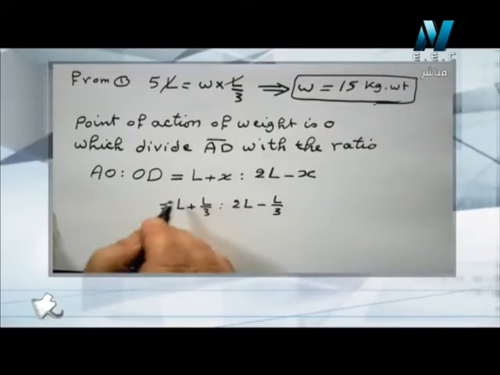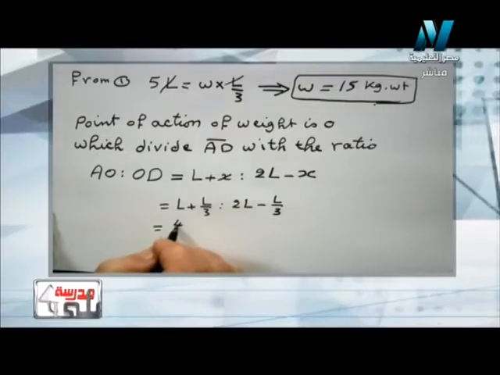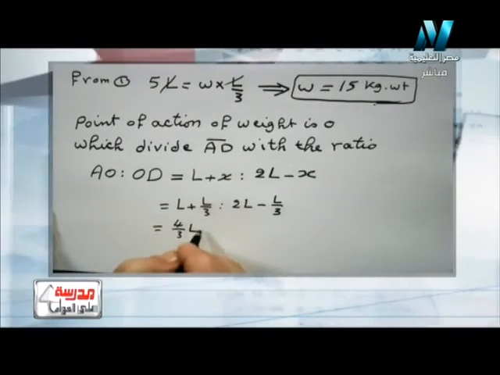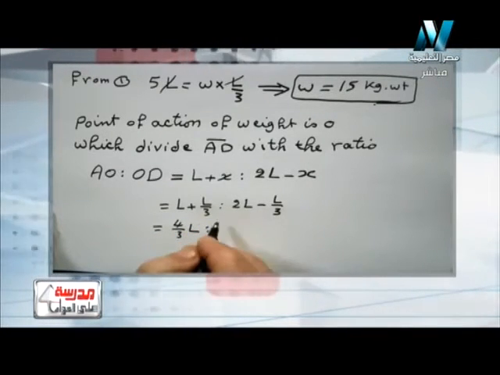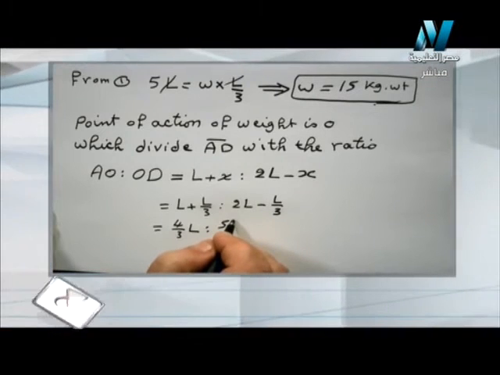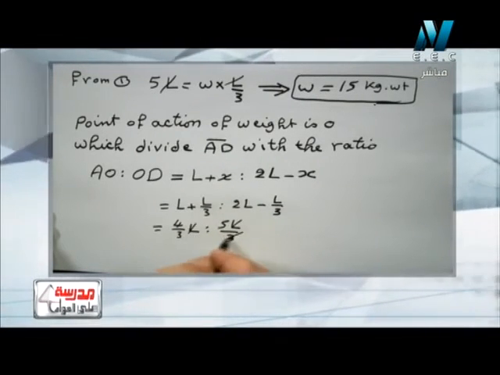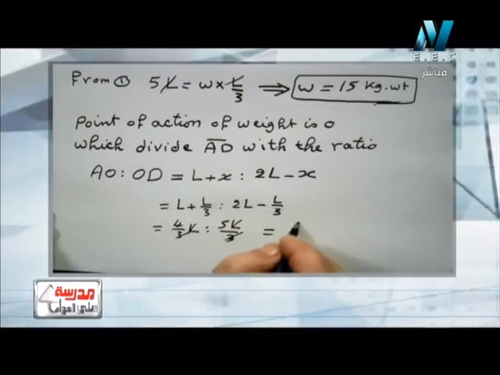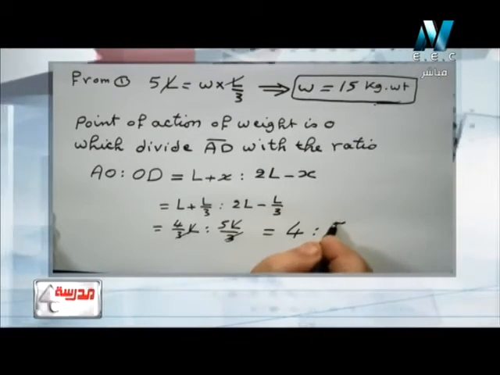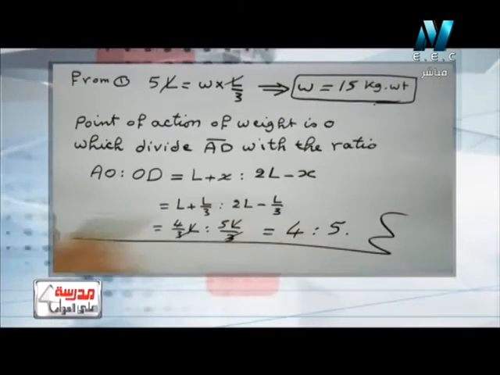Therefore it is equal 4 over 3 L, and 6 minus 1, so 5 over 3 L. Cancel L and 3, so finally equal 4 to 5. This is the final answer.